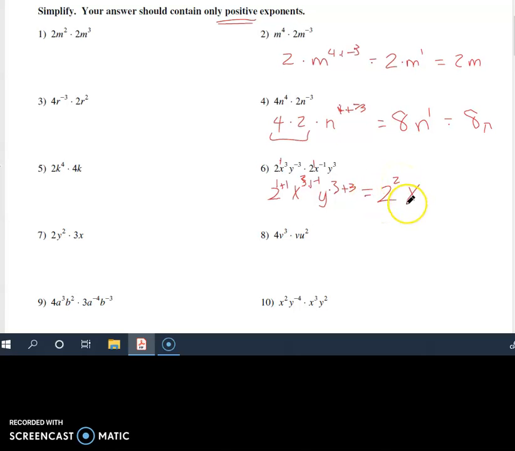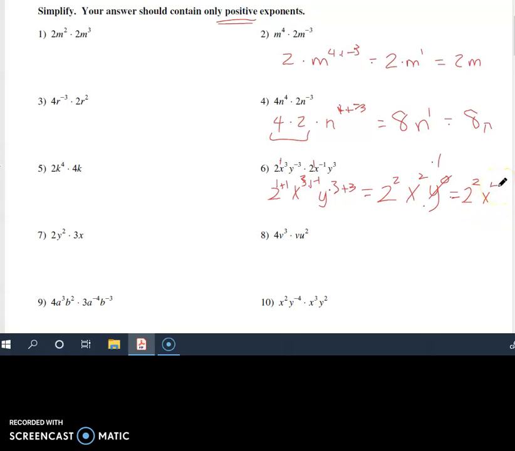The exponent on the x will be 2. And the exponent on the y, because we have a -3 plus a 3, we get a 0. Just a reminder that anytime we have something raised to the 0 power, that's going to get replaced with a 1. So the problem becomes 2 squared times x squared times 1. So the final answer is 2 squared times x squared.